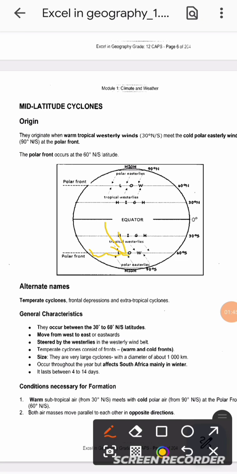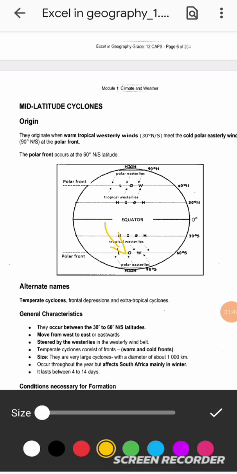The polar front is this region here. This is the polar front. Basically, mid-latitude cyclone occurs at this point.